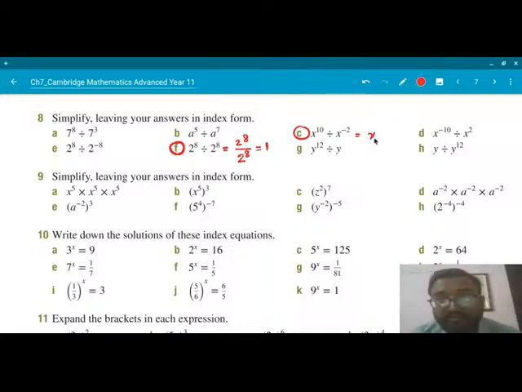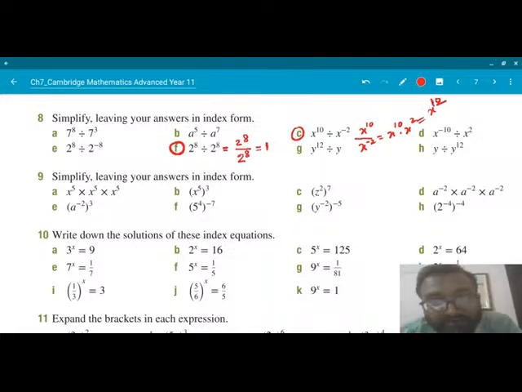X power 2. Ah, it's not denominator. It's not division. It's x power 12. It's x power 10 divided by x power minus 2 becomes x power 10 into x power 2, to be added, x power 12.